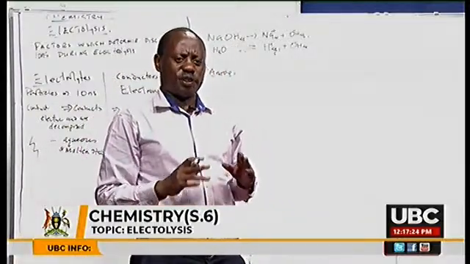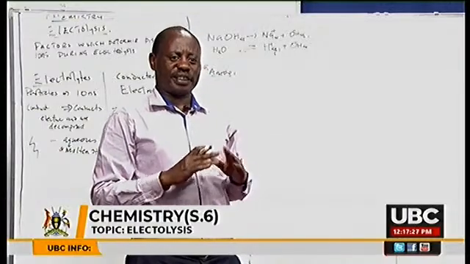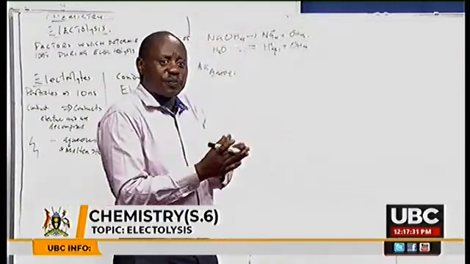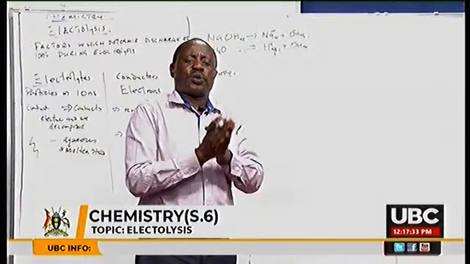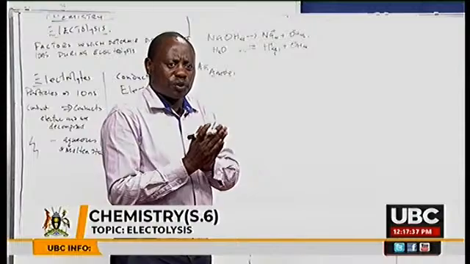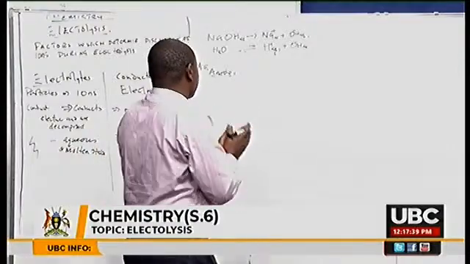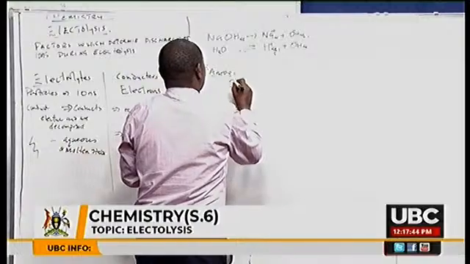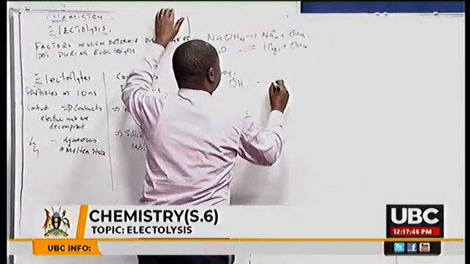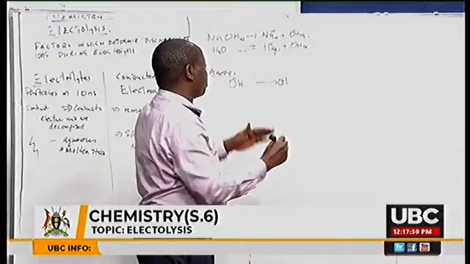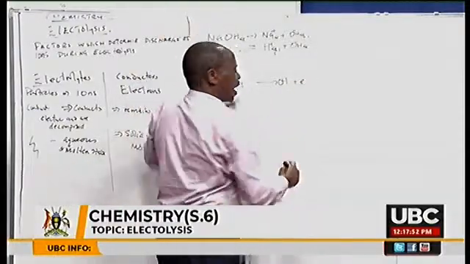It is the only negatively charged ion, therefore it moves to the anode. After reaching the anode, the hydroxyl ion loses its electron to form a hydroxyl molecule plus an electron.